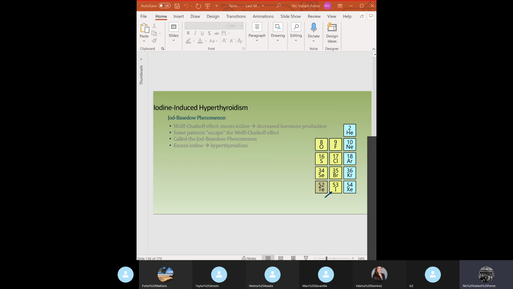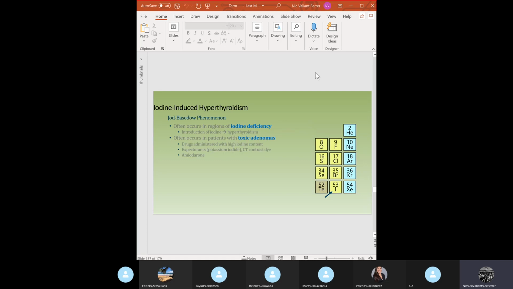So this is an escape from your protective Wolff-Chaikoff effect. We call this iodine-induced hyperthyroidism, a rare cause of thyrotoxicosis. You're escaping the Wolff-Chaikoff effect, the Jod-Basedow phenomenon.